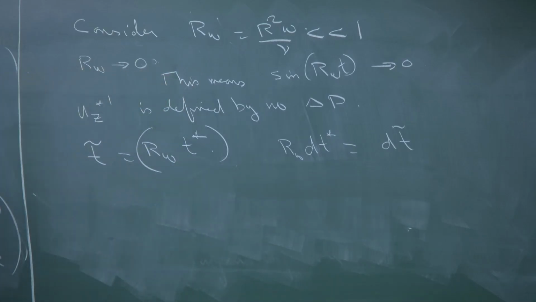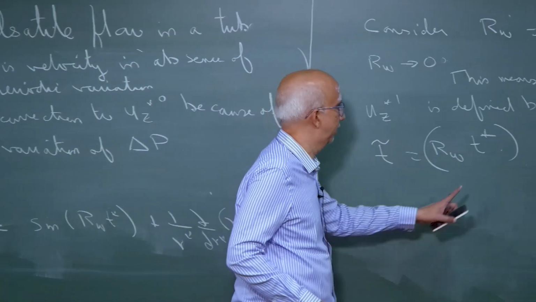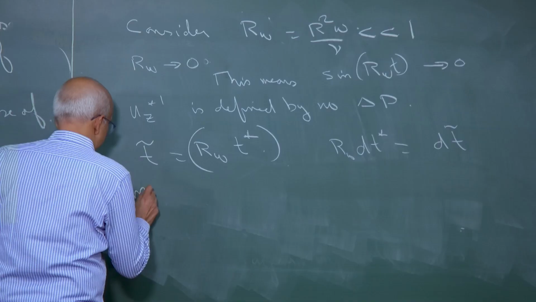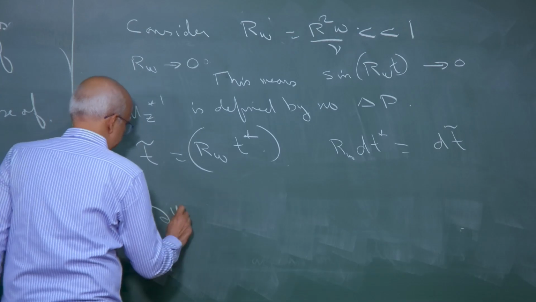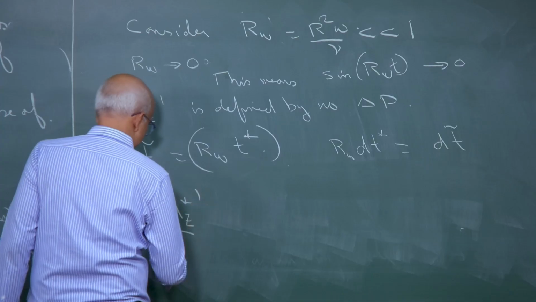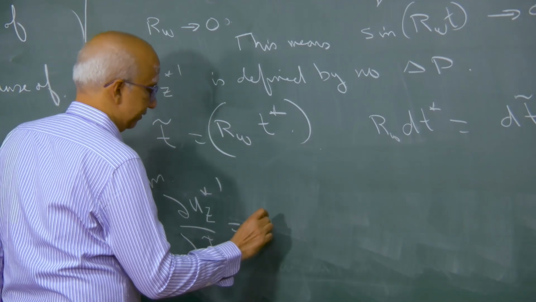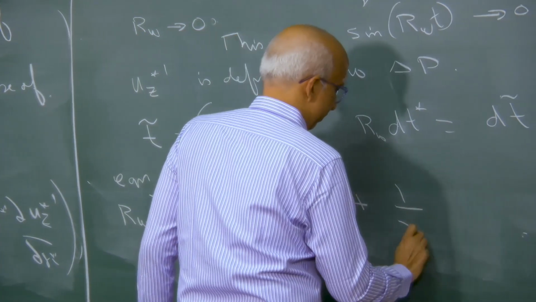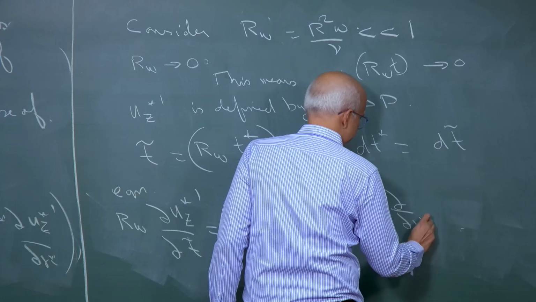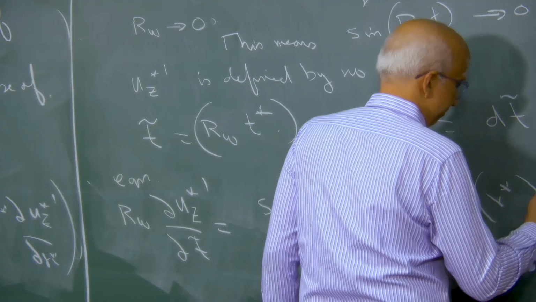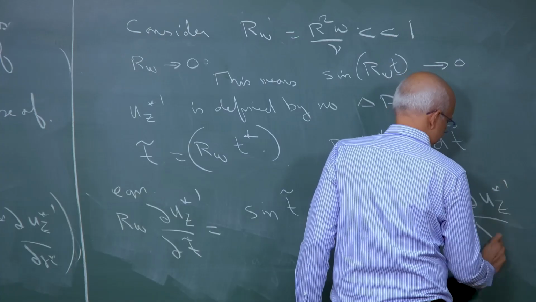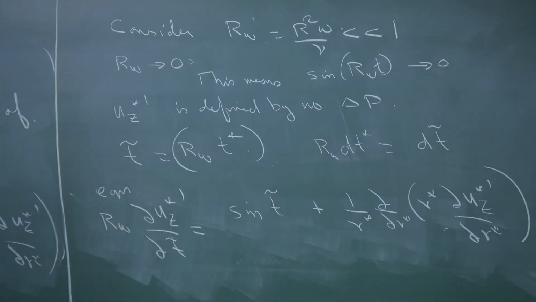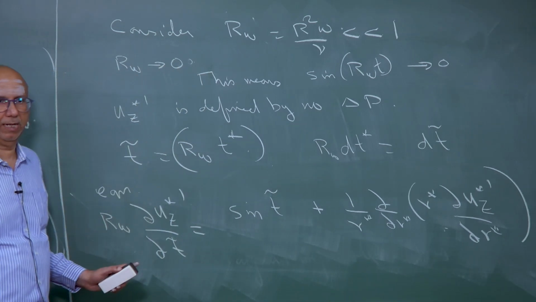So, I am going to write dt star as dt tilde divided by RW. So, this equation now becomes RW du z star of 1 by dt tilde equals sin T tilde plus 1 by R star d by dr star of R star du z star 1 by dr star. Okay. So, what I have done, I have just rescaled this time.